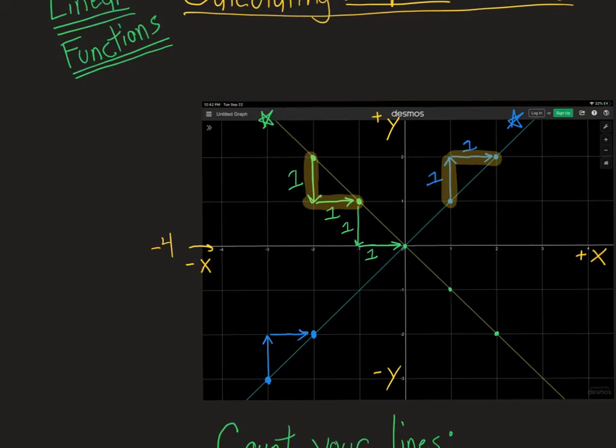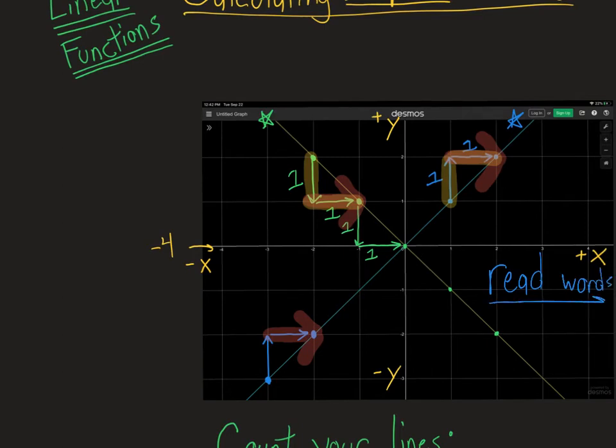Okay? Now, the next thing we want to point out is notice we're always counting or moving to the right when I do the over. I always go to the right. That's also important because we count to the right just like you read. If I read words, how do I read those?